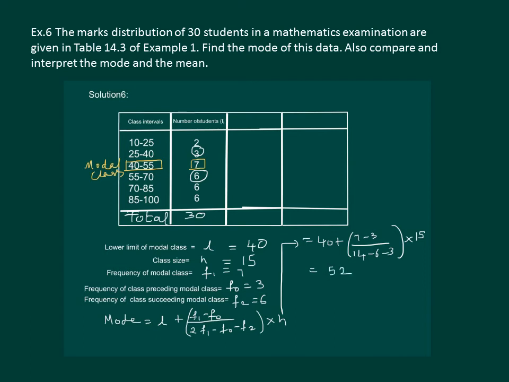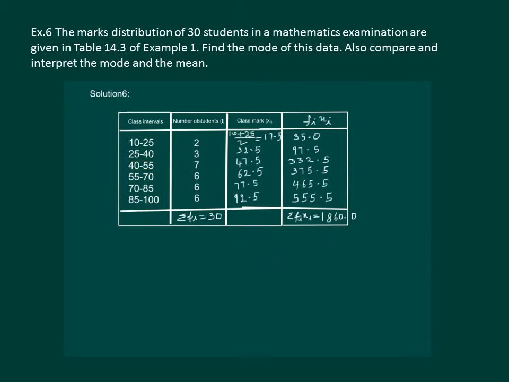We also need to calculate the mean of this data. Let us use the direct method. Then mean will be given by x bar equal to summation fi xi whole by summation fi, which is equal to 1860 by 30, that is 62.